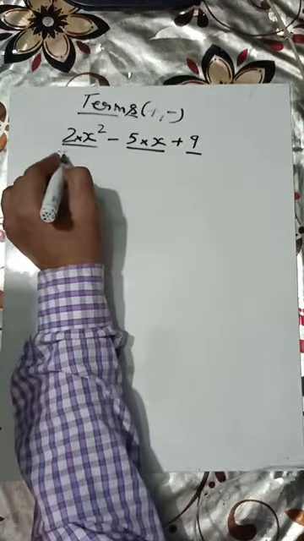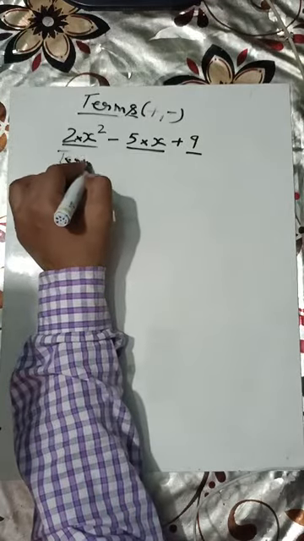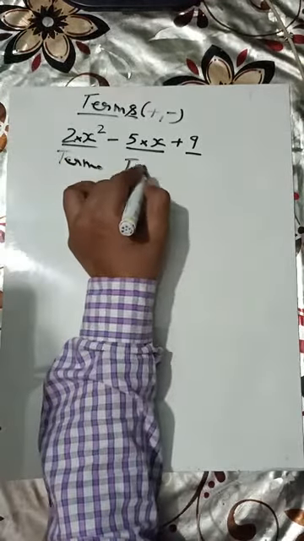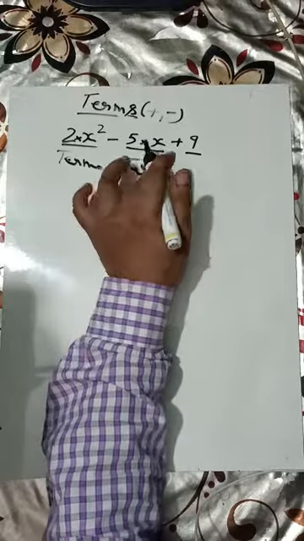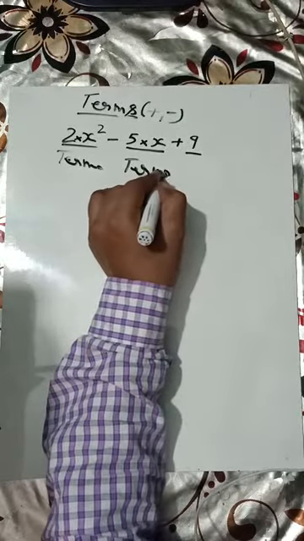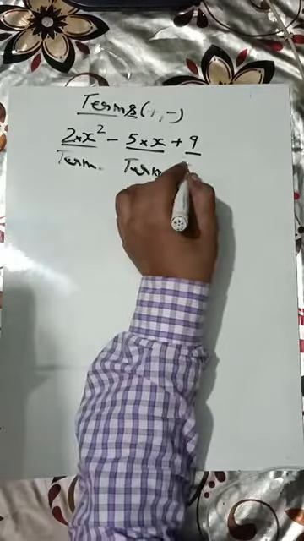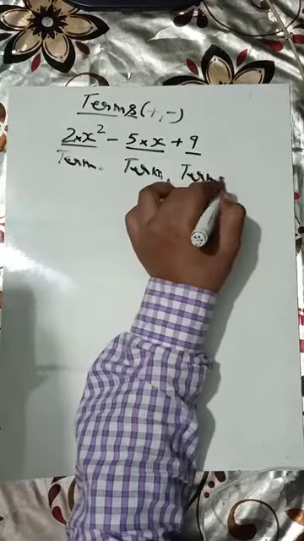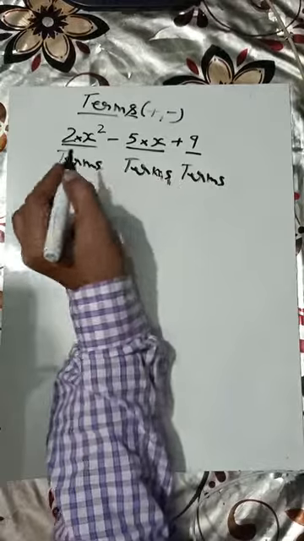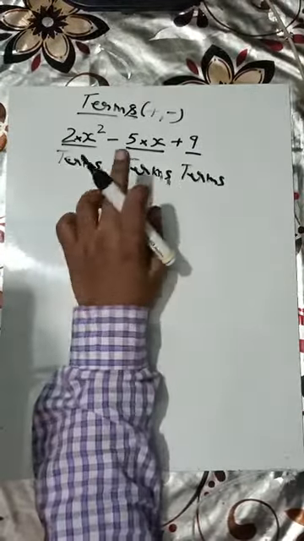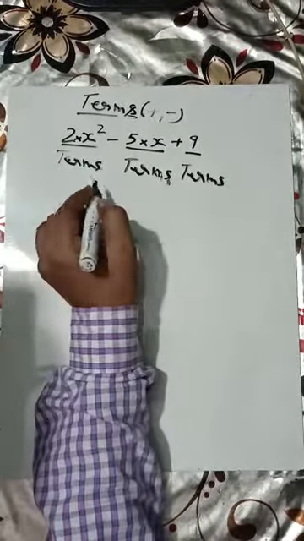Each part is called a term. Okay, these are called terms. This is called one term. Now here, how many terms are there? 2 terms are there.